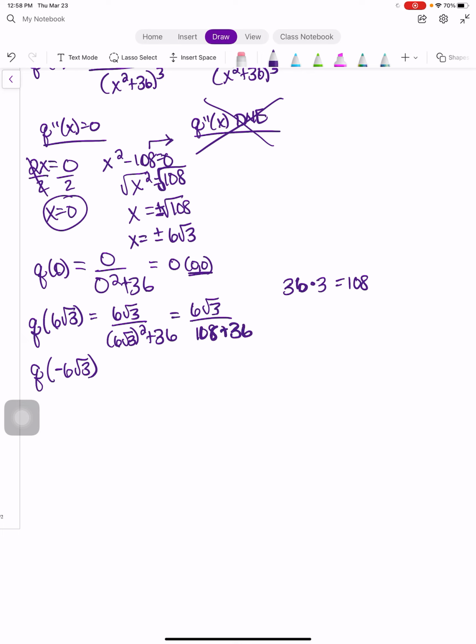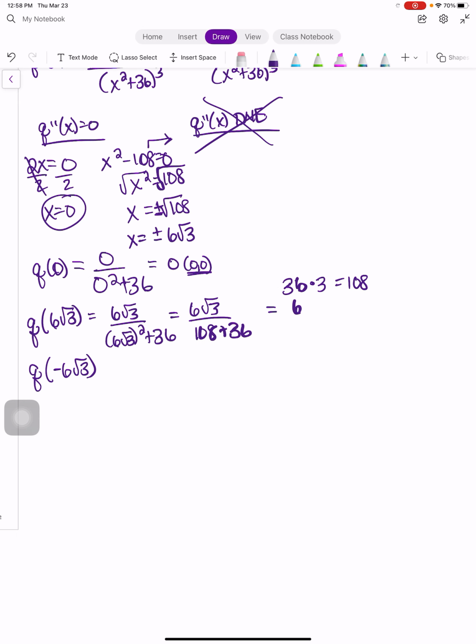And if I add that, that will give me 6 square roots of 3 divided by 144. And I think I can simplify that. I think both 6 and 144 are divisible by 6. So that would leave me with just a square root of 3 on top and 24 on the bottom.